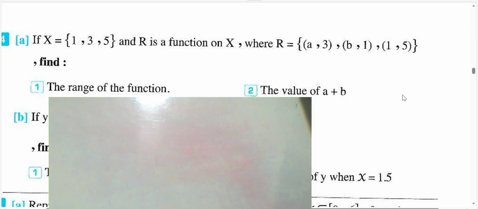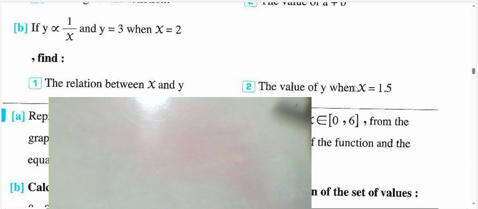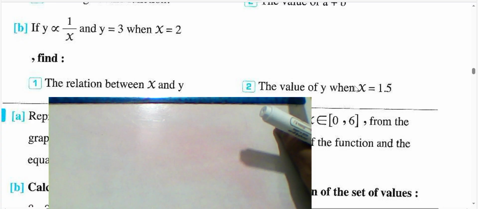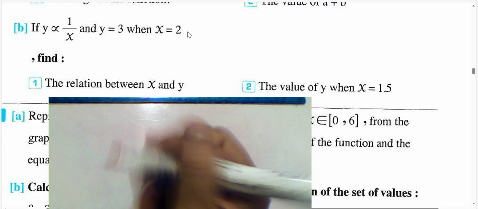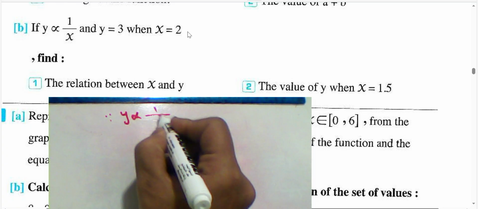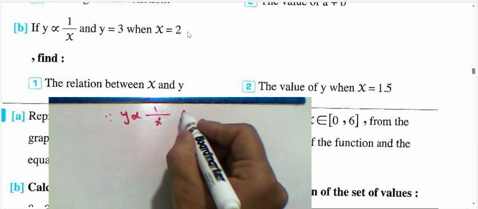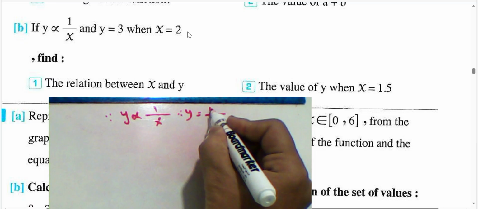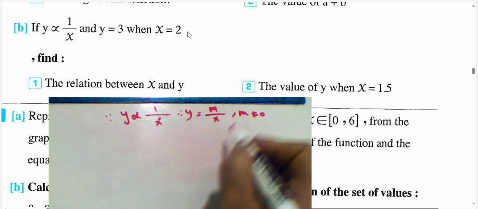Next question. Letter B. If Y is inversely related with X, we have an inverse relation. Y equals 3 when X equals 2. Find the relation between X and Y. First step, we can write that Y is inverse with X, then Y equals M over X, where M is not equal to 0, okay?